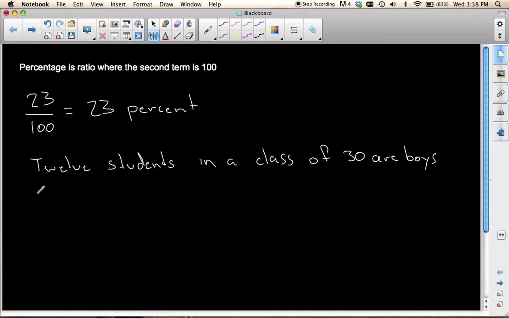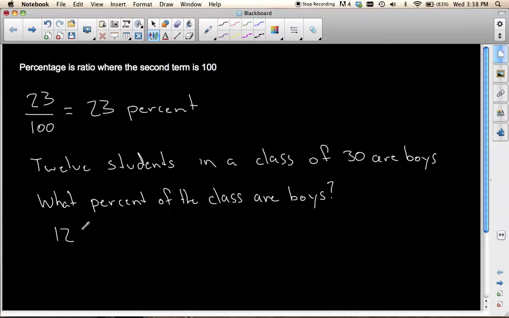So what percent of the class are boys? Well, all we would do is set it up as a ratio. So we know there are 12 students in the class that are boys.